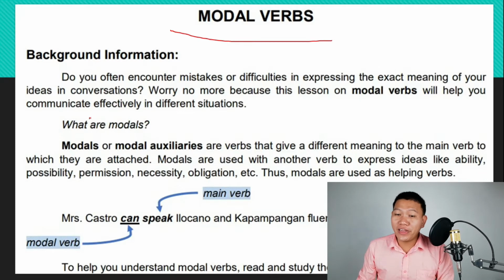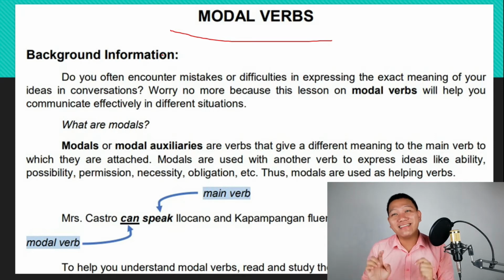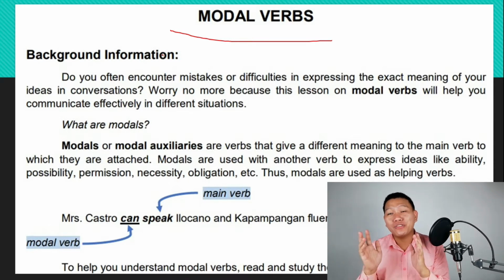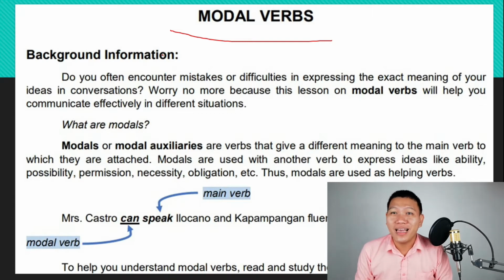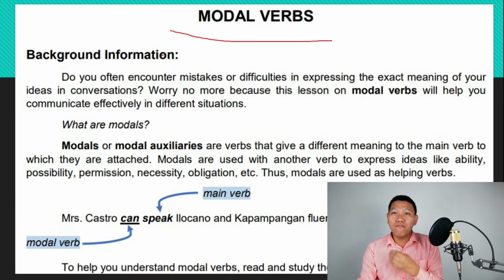Do you often encounter mistakes or difficulties in expressing the exact meaning of your ideas in conversations? Worry no more, because this lesson on modal verbs will help you communicate effectively in different situations. So the use of modal verbs helps you to be more effective in communicating.